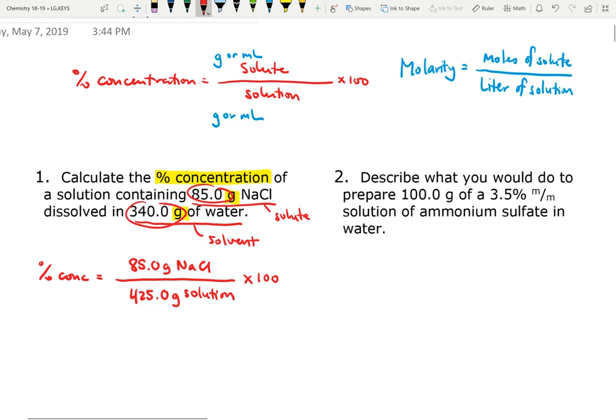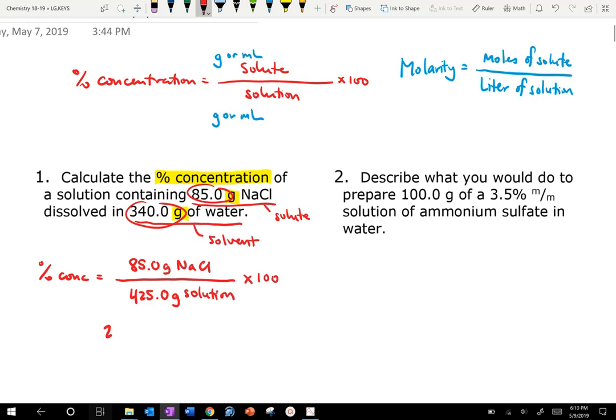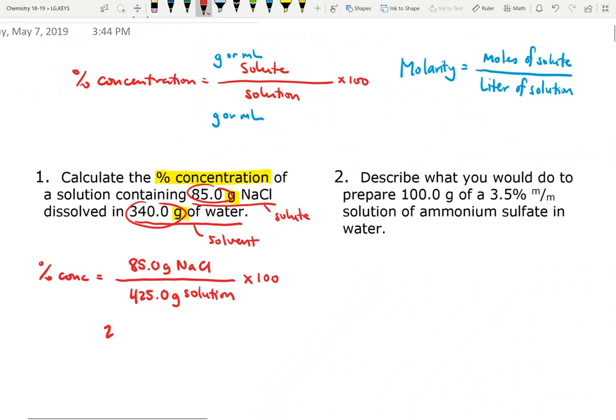So pull out your calculator, take a look at it, see if you come up with the correct answer on this one, and hopefully you'll find at the very end that this comes out to be a 20% solution. And the units on that will be percent mass by mass, because we're dividing a mass by a mass, grams over grams. So the unit on the end is important as well. So that's a percent concentration problem.